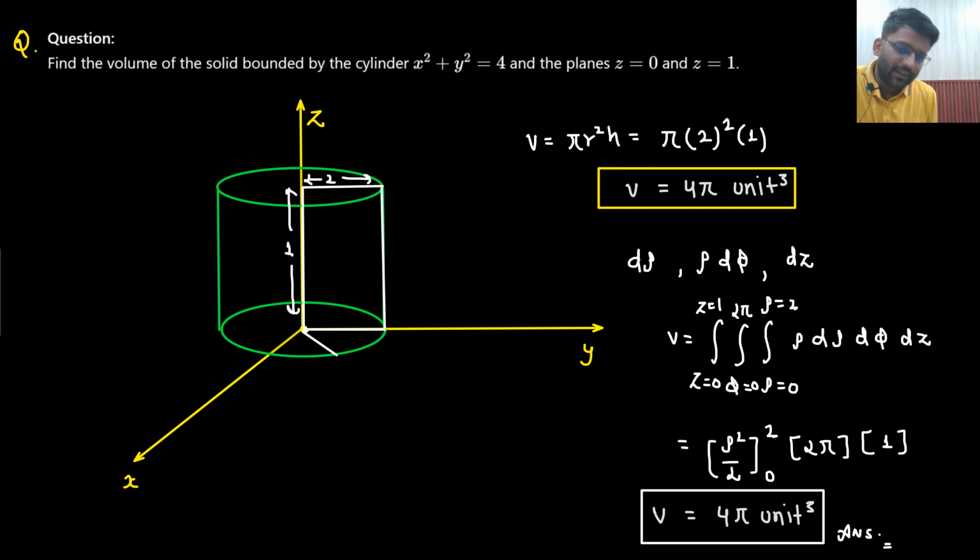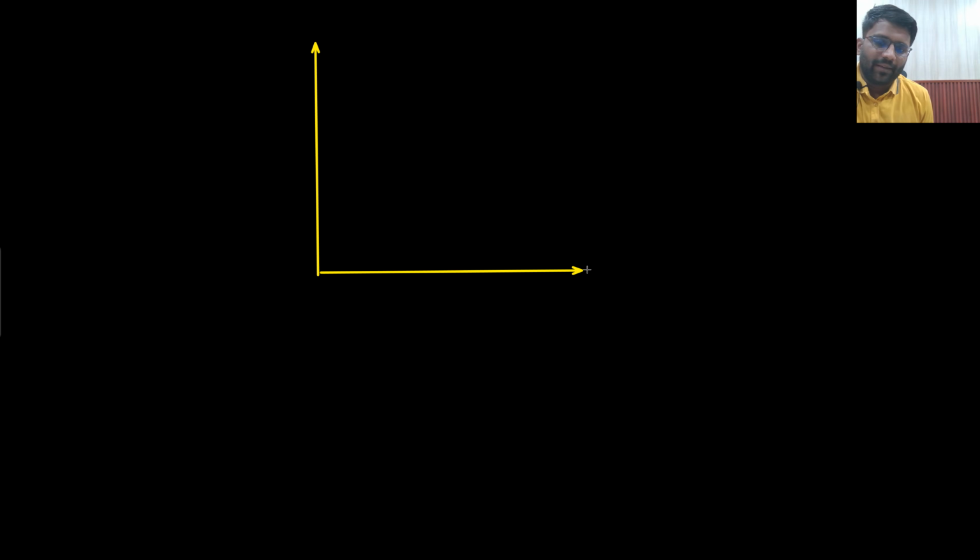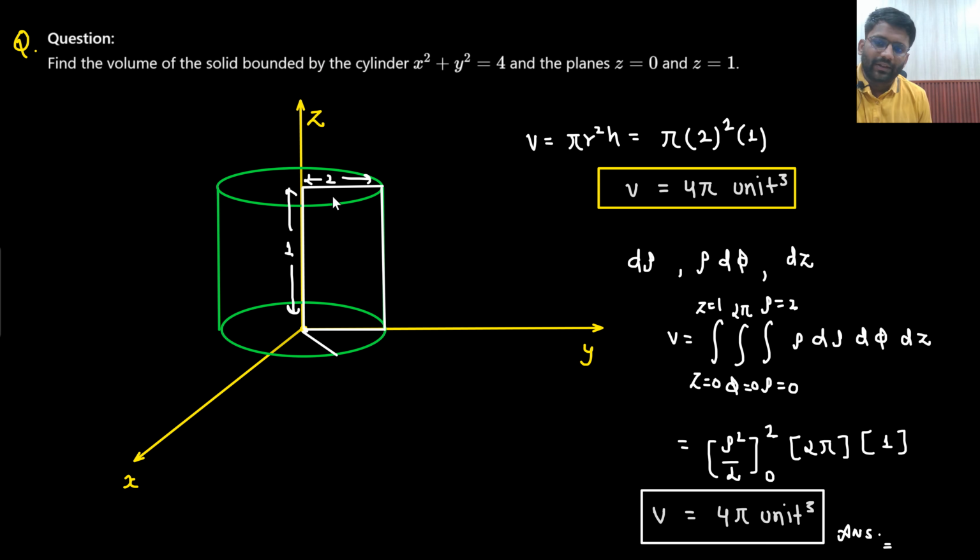Now let's understand a different method. I will take only the zy plane. In the zy plane, I am making a rectangle. Which rectangle am I making? I am making this particular rectangle. Can you see this rectangle?